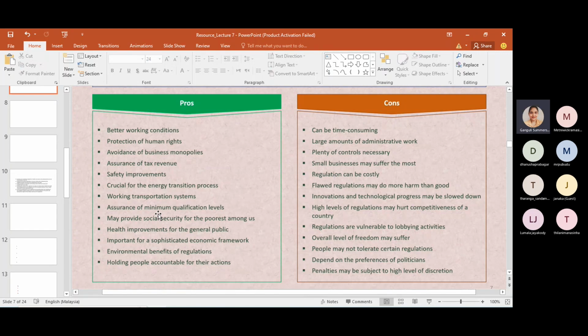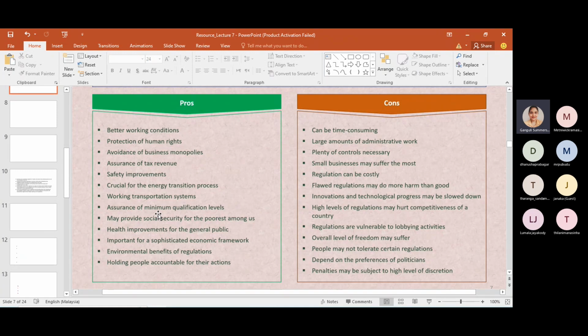The regulators will tell you that when you are hiring for these kinds of jobs, the people being hired should have at least this qualification.